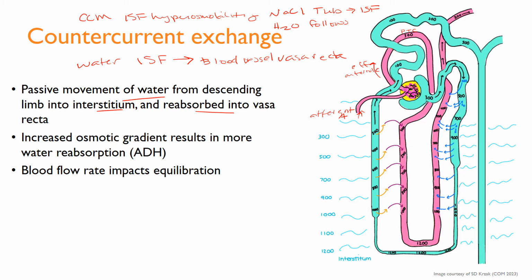Peritubular capillary flows into the vasa recta that's going to follow the loop of Henle. So notice here that this blood vessel, the fluid in the blood is moving in this direction. All right, it's flowing down in this direction. And then the blood vessel fluid has a hairpin turn, and then it goes back up towards the cortex and on and then out, and eventually forms the renal vein.